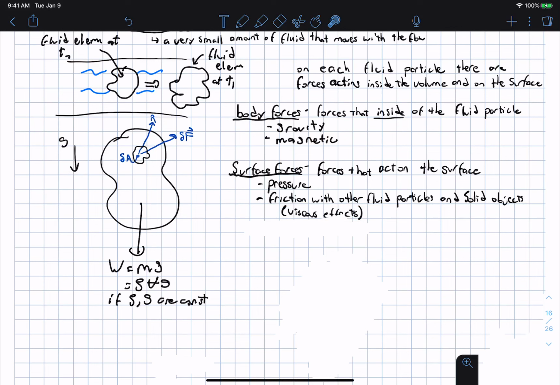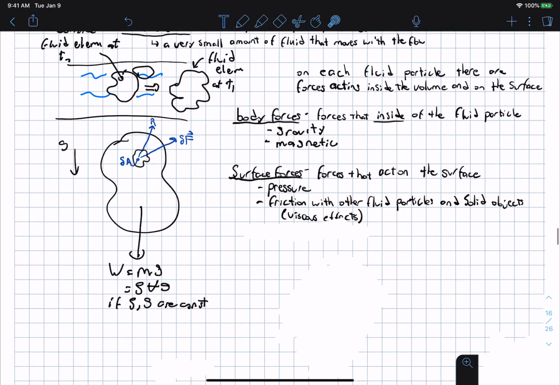You could imagine that I have another fake fluid element right here, and this other fluid element is basically rubbing against this first fluid element here. And just like if you had two chunks of solids that were moving past one another, there'd be a friction force, right? And it's the same thing for a fluid. So for a fluid, you still have frictional forces.